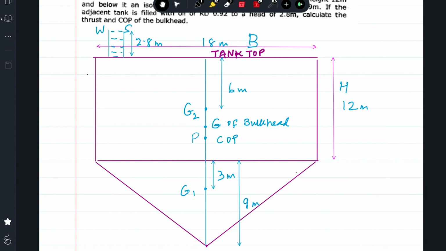First find the centroid of the bulkhead, taking moments from the top. Then find the moment of inertia of each portion of the bulkhead about the water surface. Add them up, and that gives you the total moment of inertia about the water surface. And then the standard formula for the center of pressure and the thrust.